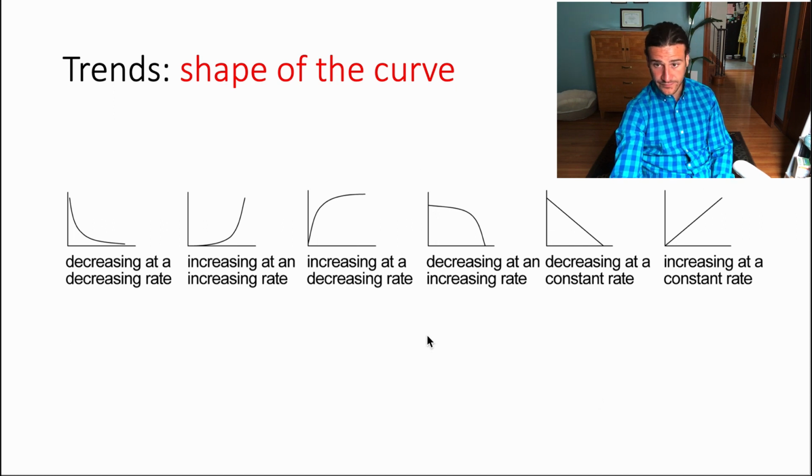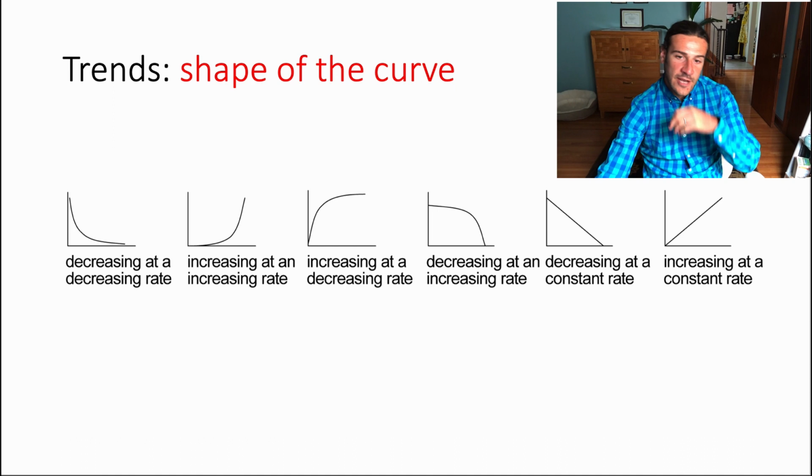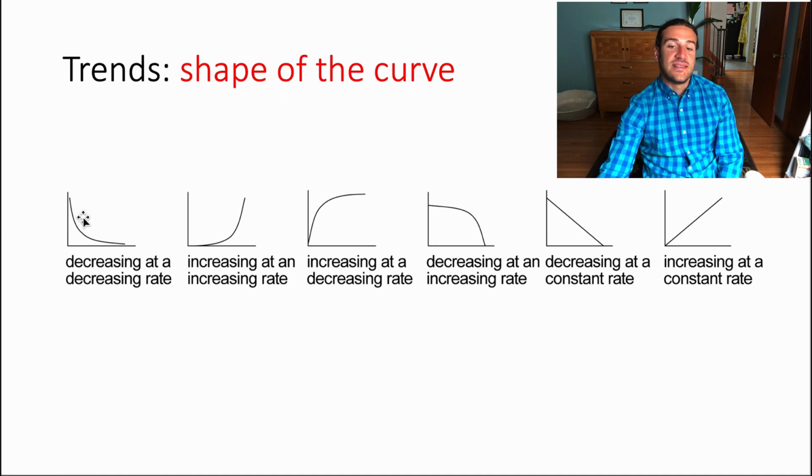Now, obviously, not all figures have this constant slope. Let's start all the way to the left now. This figure is decreasing, right? You can see that it's a negative slope, right? It's decreasing at a decreasing rate. So you can see in the beginning, it decreases rapidly, but then it decreases less and less rapidly.